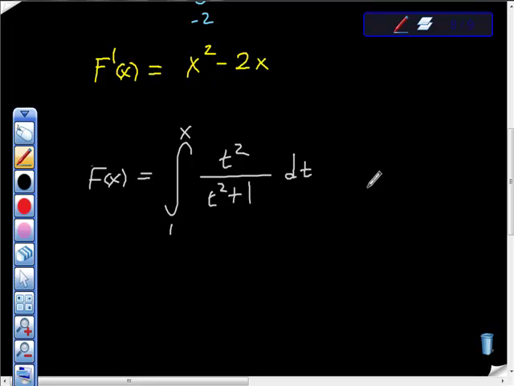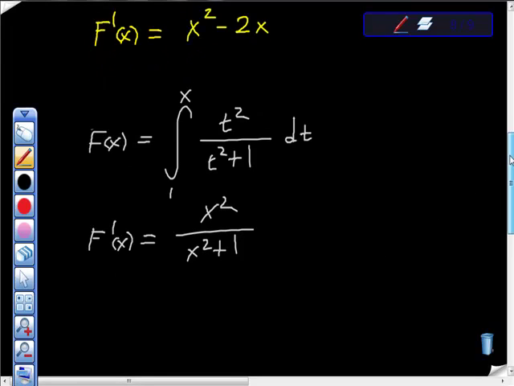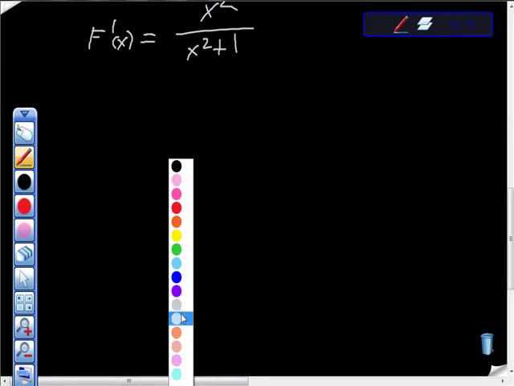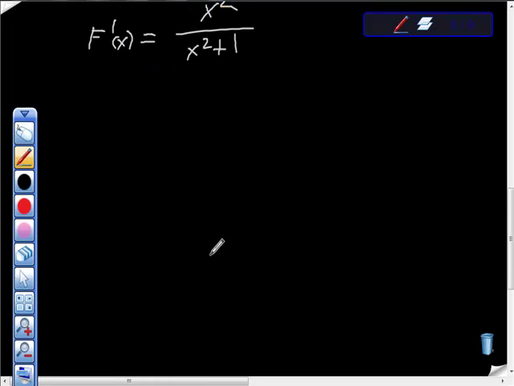You can feel very comfortable here, if asked what's f prime at x, of just saying it's x squared over x squared plus 1. I think I can kind of hear you going, dude, is that kind of it? Yeah, that's kind of it. I mean, that's kind of how this works. I told you before, I am going to do another video explaining it a little bit, but I can prove that this works. I can demonstrate that this works, for lack of a better term.